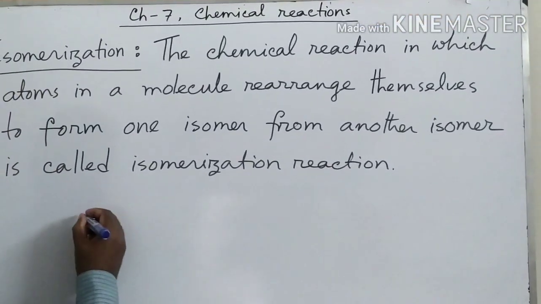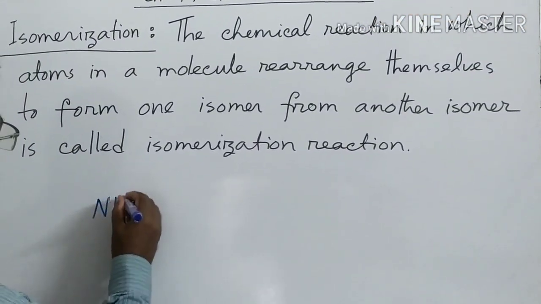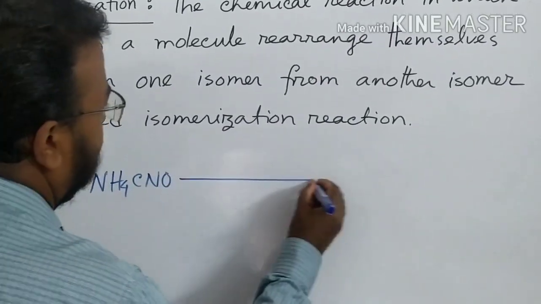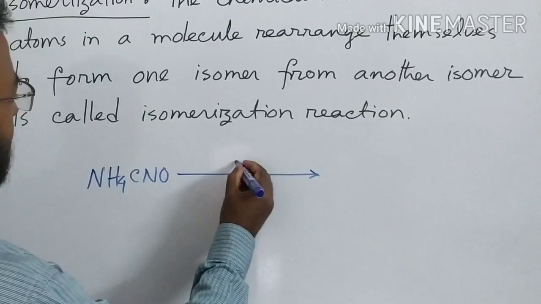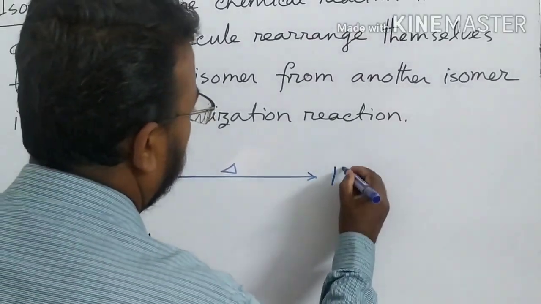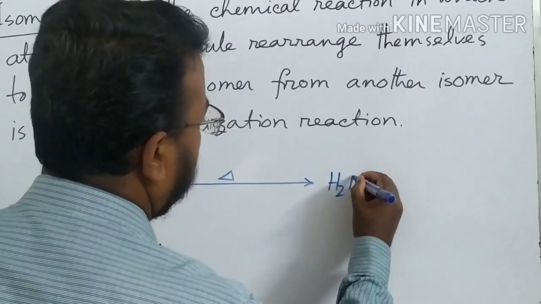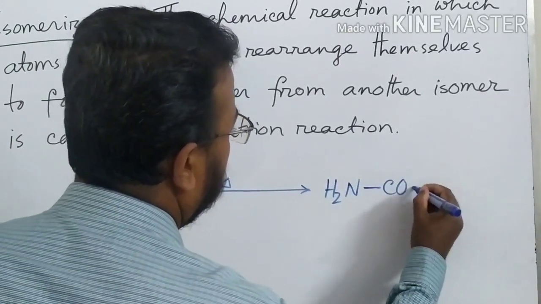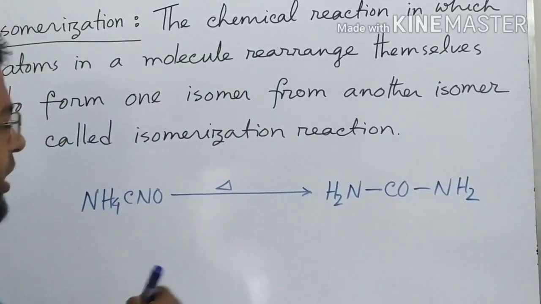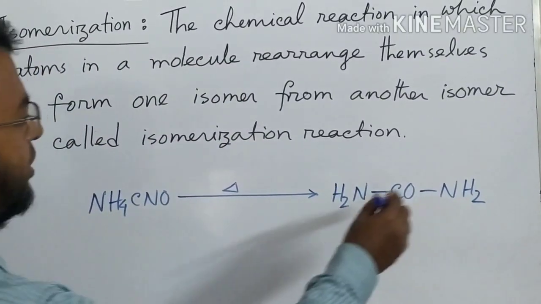Now everybody see that it is ammonium cyanate, NH4CNO. If we apply heat on ammonium cyanate, it is the symbol of heat, then it will be urea. So it is the formula of urea, NH2CONH2.